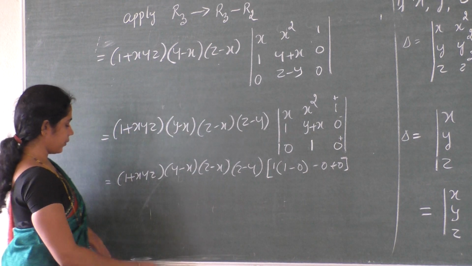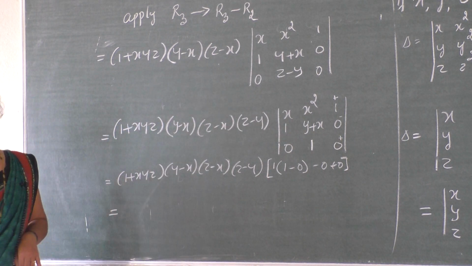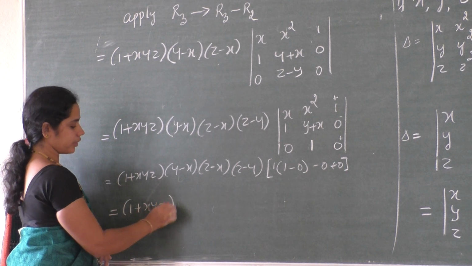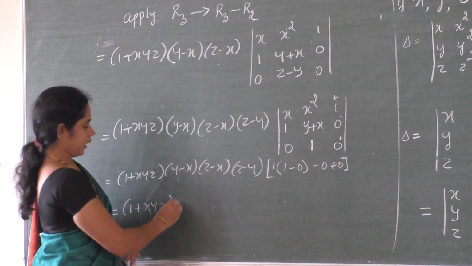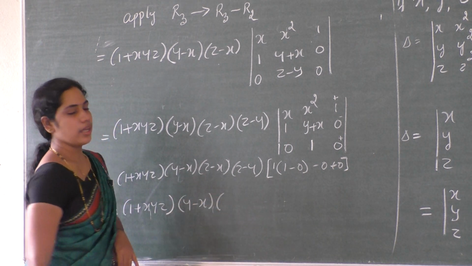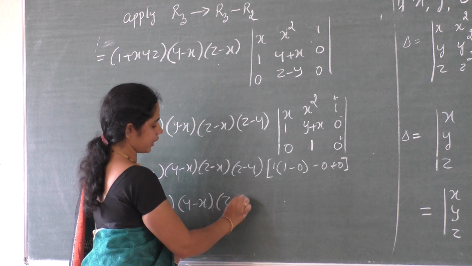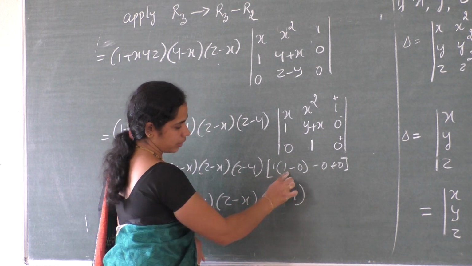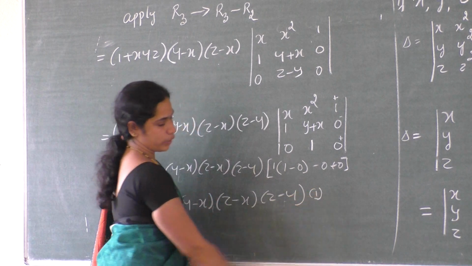Now this is equal to 1 plus xyz into y minus x into z minus x into z minus y into 1.